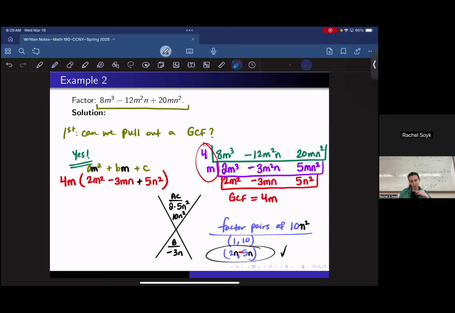Did I mess up with an operation somewhere? It doesn't. So what does this tell us? Is it factorable? No. So this is our fully factored form.